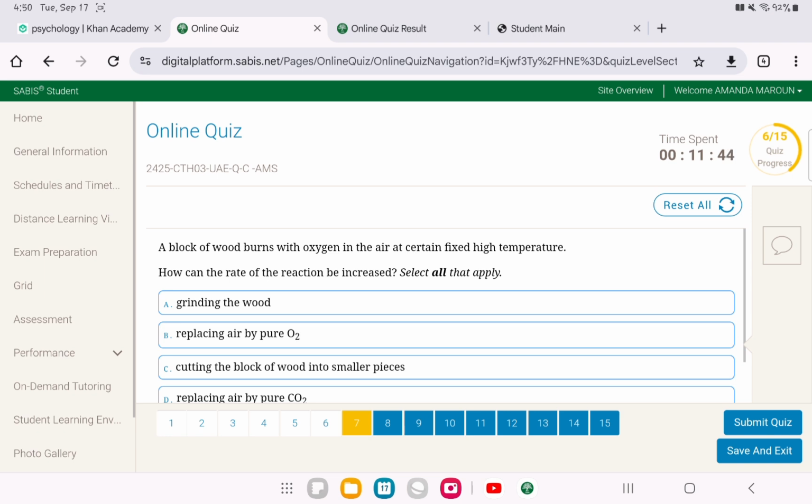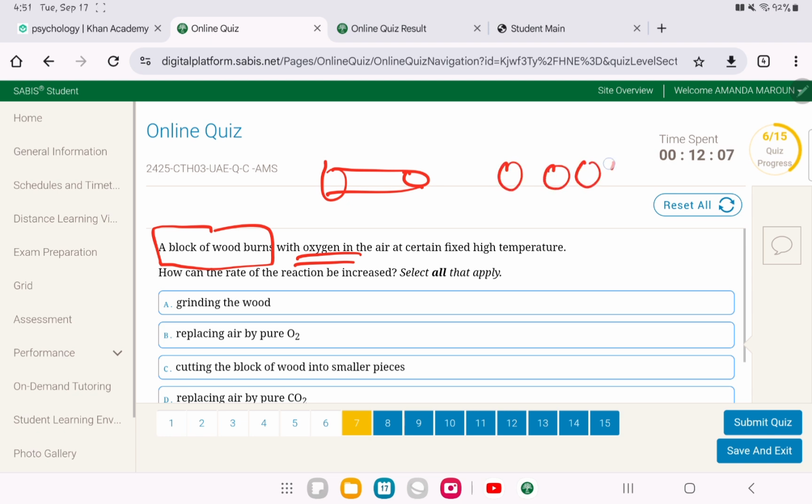Now, a block of wood burns with oxygen in the air at certain fixed high temperature. How can the rate of the reaction be increased? Okay, you have a block of wood, it burns with oxygen in the air. If the block of wood is like this, it will definitely take a long time to burn, okay? So we can shred it, we can grind it so it becomes smaller pieces and it will burn easier.